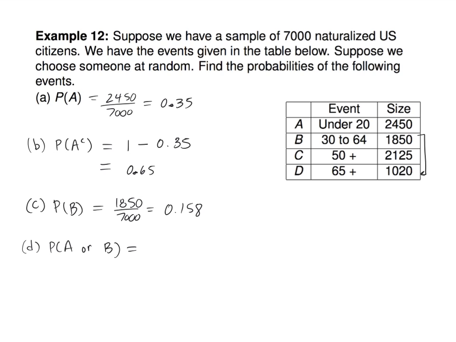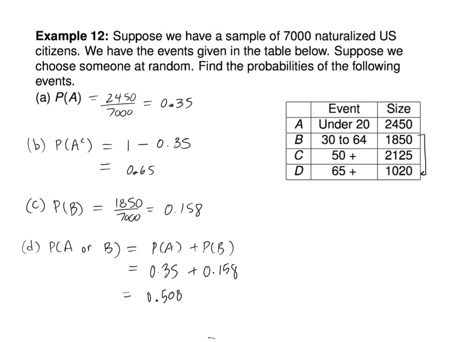So you can say that this is P of A plus P of B. And that was 0.35 plus 0.158, right? What's that add up to? 0.508. Okay, awesome.